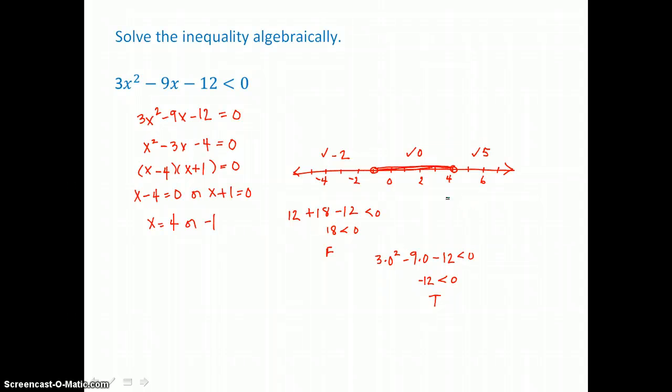And then I'll check 5. 5 squared is 25. 25 times 3 is 75. 5 times negative 9 is negative 45. And minus 12, is that less than 0? But I can see that I'm going to get a positive value, 18.